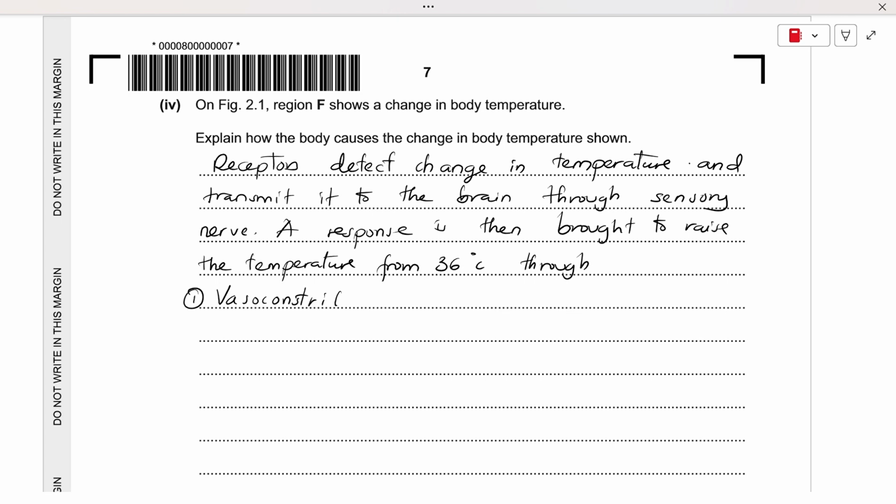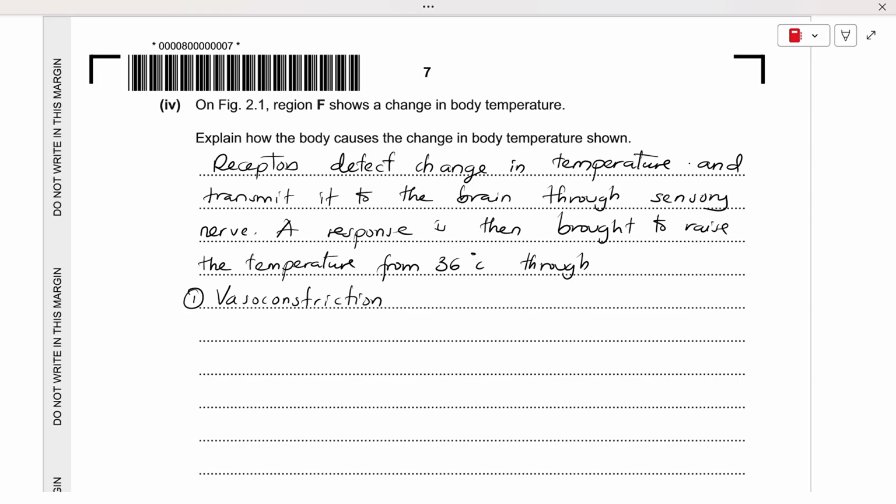All right, so we have a change in temperature or a fall in temperature, vasoconstriction. So vasoconstriction means narrowing of blood arterioles so as to allow less amount of blood to flow underneath the skin and hence reduce heat loss. Okay, that is the first thing.